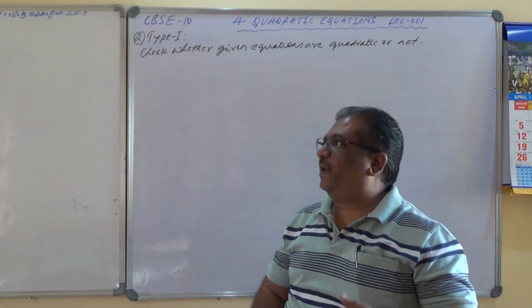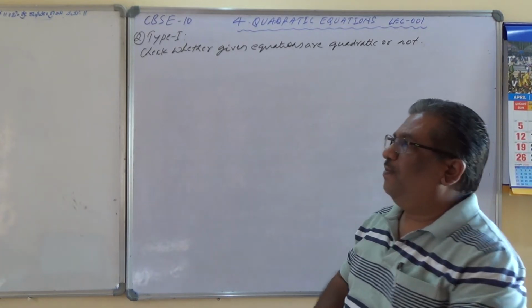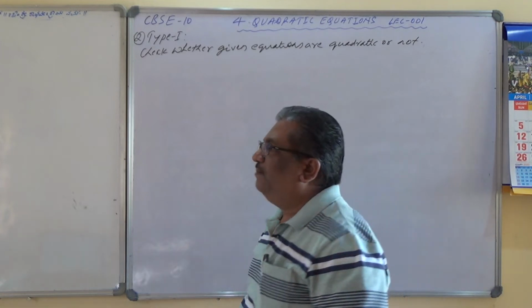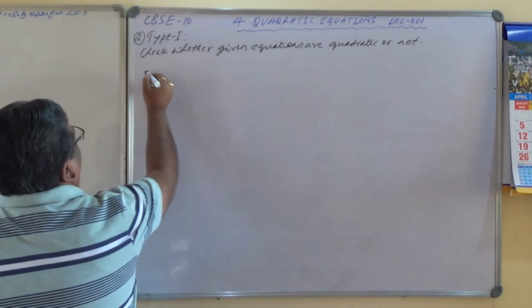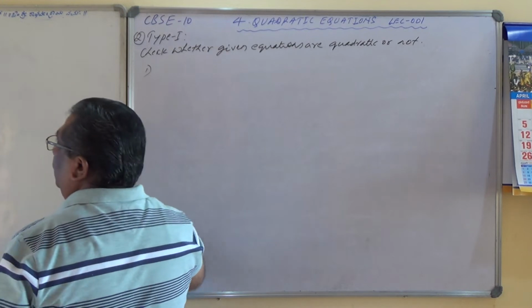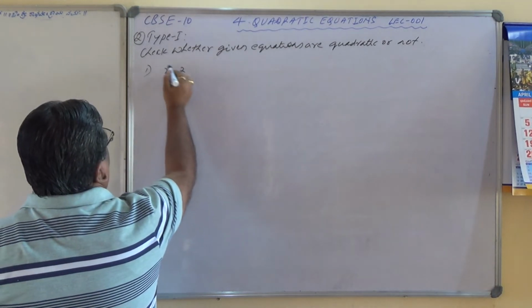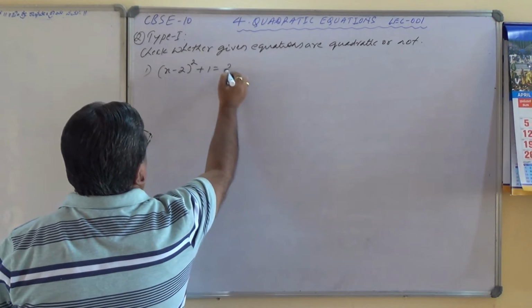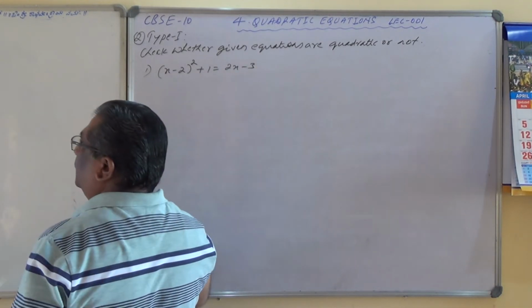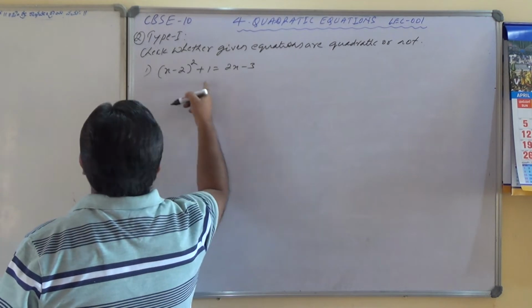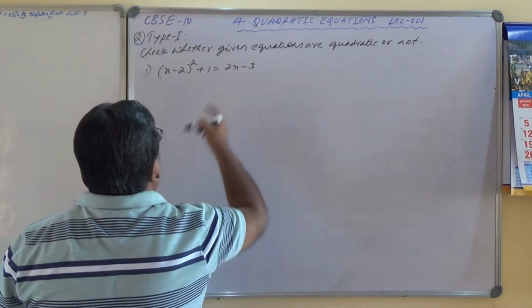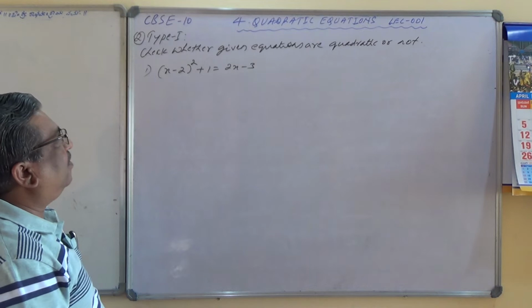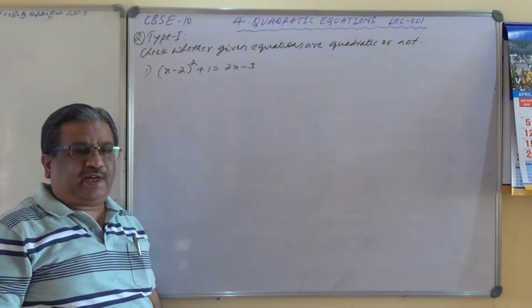Let me take some examples from your textbook and some from R.D. Sharma. First one: x minus 2 the whole square plus 1 equals 2x minus 3. Whether this is a quadratic equation or not is what we have to check.